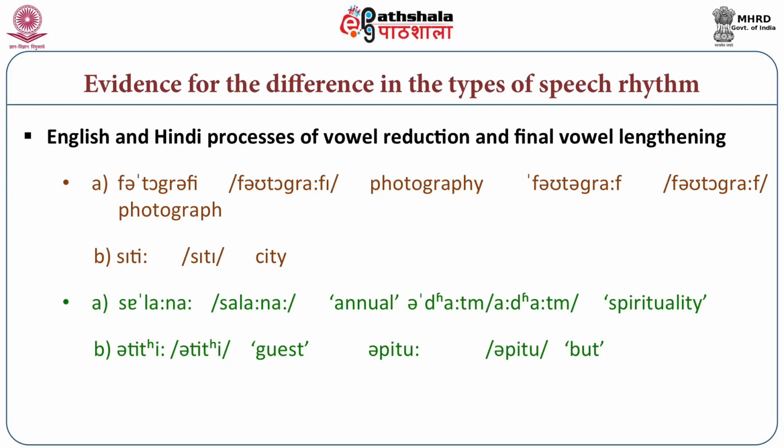In colloquial, formal, standard Hindi, the short vowels are lengthened. And similarly, in English, unstressed syllables are reduced in vowel length. In Hindi too, we find evidence for the reduction of unstressed vowel length, as pointed out earlier.